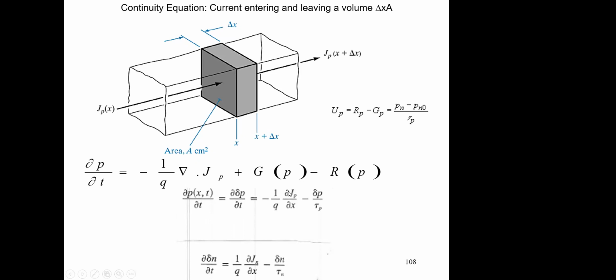Okay. So since it's del x of J_P, I end up getting the second derivative, del 2 del x squared of delta P, being the deviation of the carrier concentration from equilibrium, and then the q's cancel out. So from this middle term, you'll get D_P times the second derivative d2 dx squared of delta P, and then this term, of course, gives you delta P over tau P, and the whole thing is equal to 0 because I'm looking at a steady state problem.